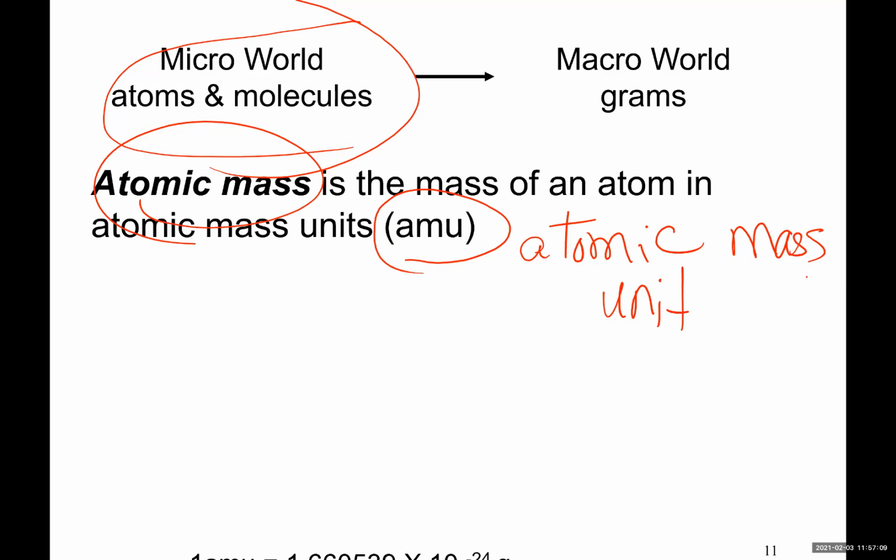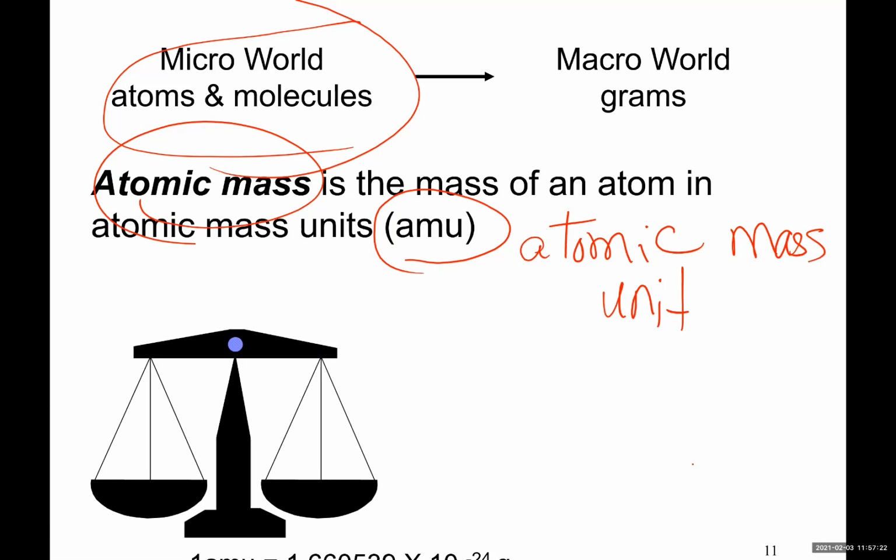So if I want to tell you the mass of hydrogen, I use atomic mass unit. It's a teeny weeny fraction of a gram. You want to measure the mass of an atom? We use atomic mass unit.